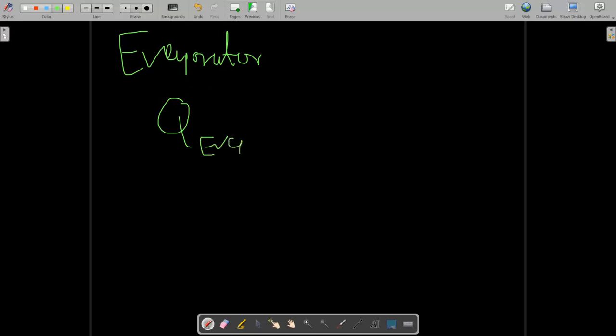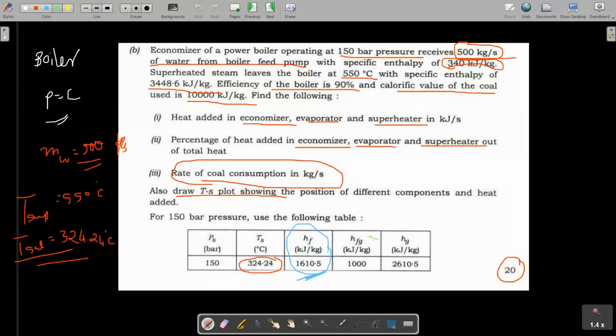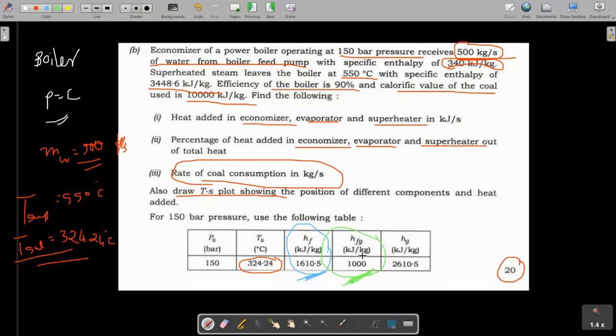In the evaporator, the water will absorb only the latent heat. So the heat added in the evaporator is mass of the water, or you can say steam, into HFG, the enthalpy of latent heat, or you can say HL, but here in the question it is given as HFG. I hope you understand this interpretation of the different symbols. So it is 1000.